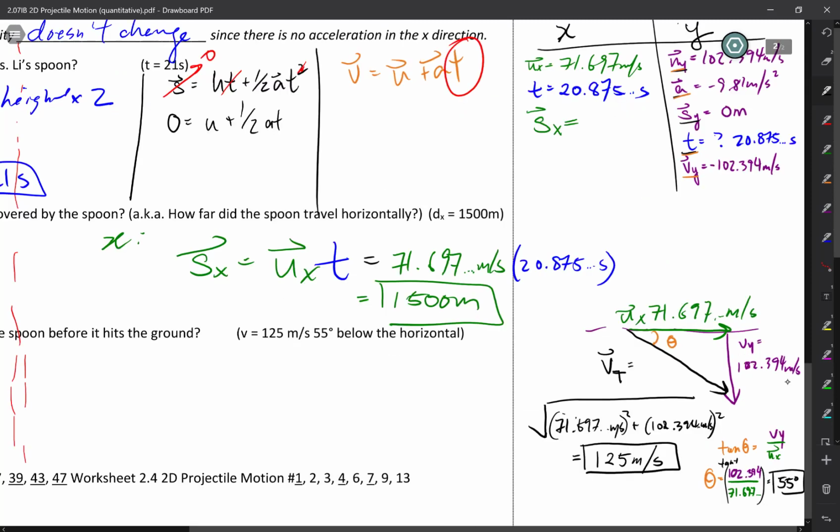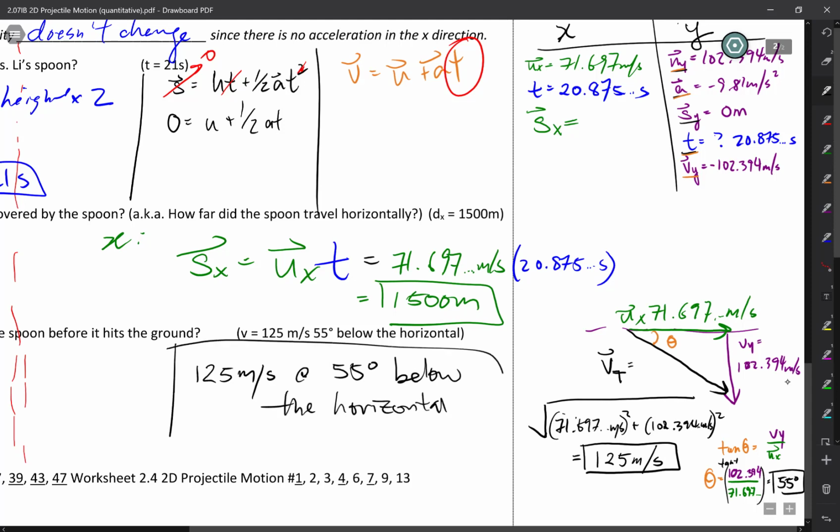And when we write this out, we write 125 meters per second at 55 degrees below the horizontal. Imagine this is the horizontal; going downwards from the horizontal is that degree. So notice that the final velocity is exactly the same as the initial velocity, but the direction is different. Instead of above the horizontal, it is now below the horizontal.